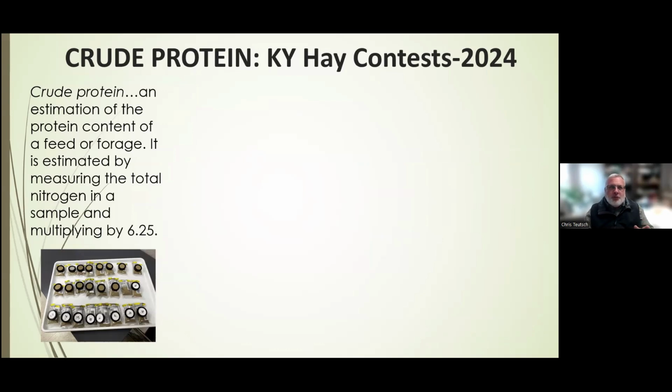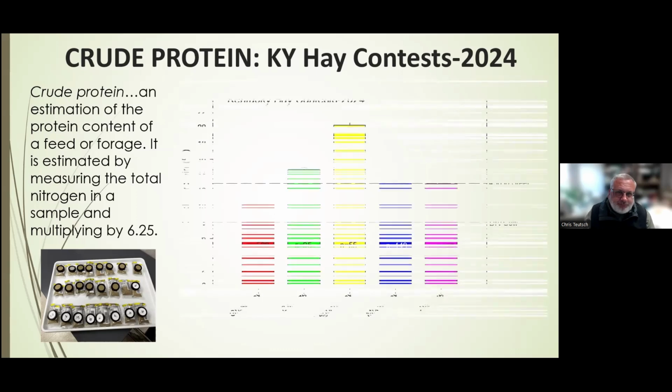So we'll start out with crude protein. Crude protein is an estimate of the protein content of the feed or forage. We call it crude because we're not actually measuring protein, but we're measuring the total nitrogen in that forage sample. And then we multiply by 6.25 to come up with a value for crude protein.